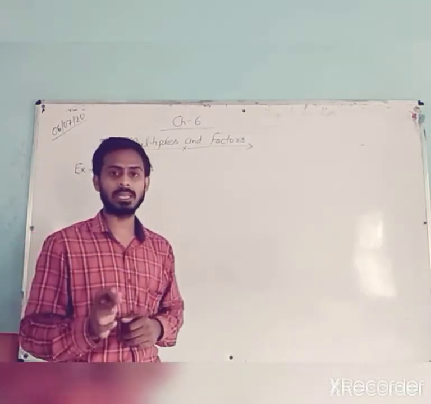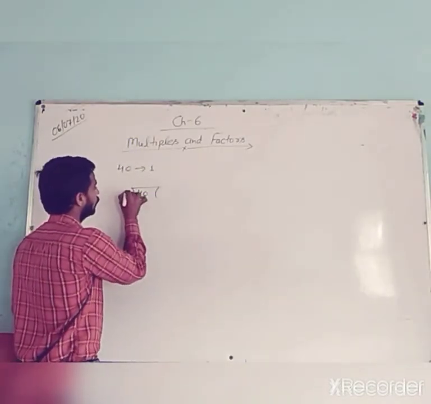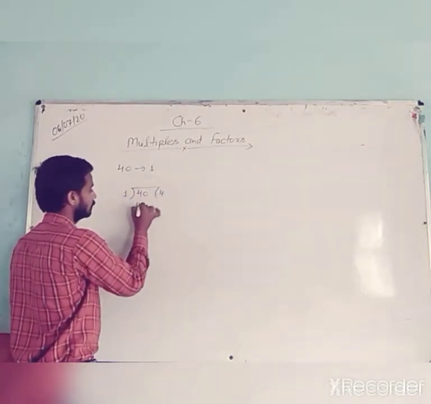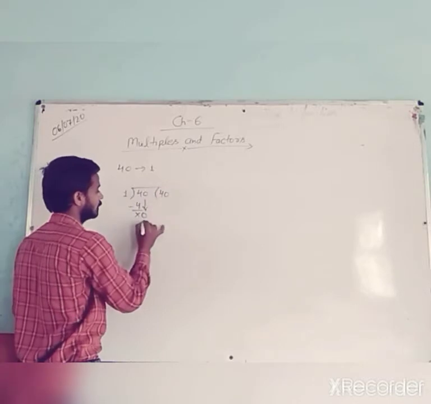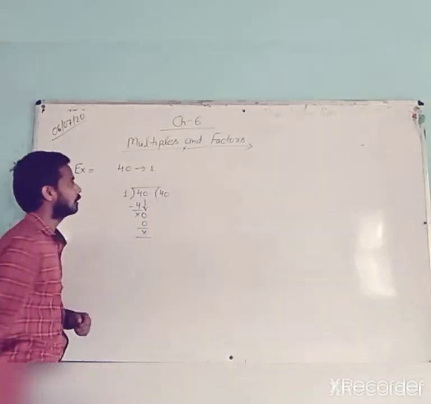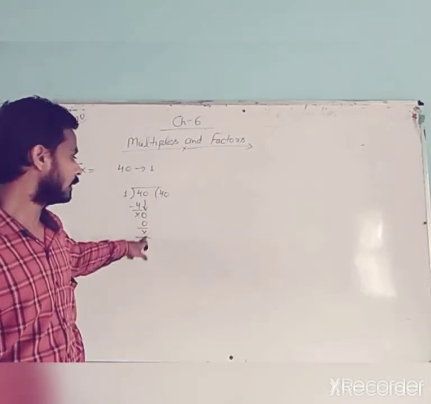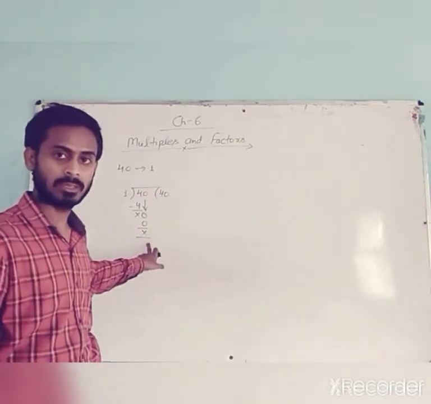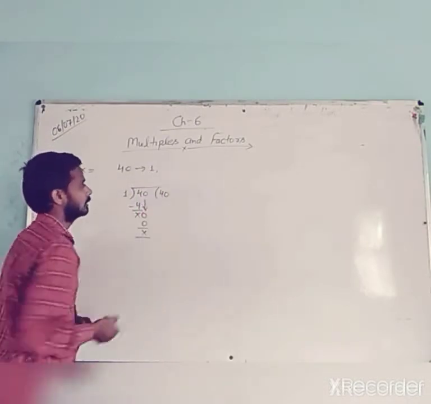See how? 1 4s are 4. Now 0. 1 0s are 0. Now you can see 1 divides this 40 completely without leaving any remainder. Is it clear? It means 1 is a factor of 40.